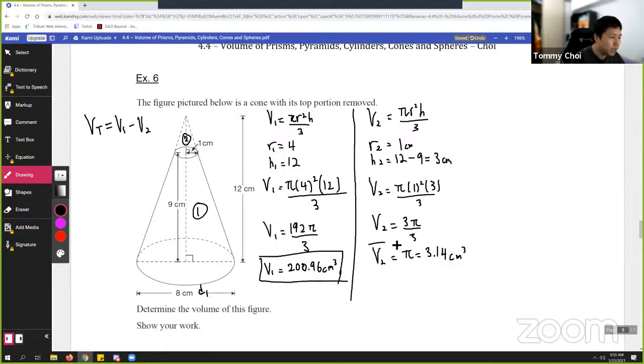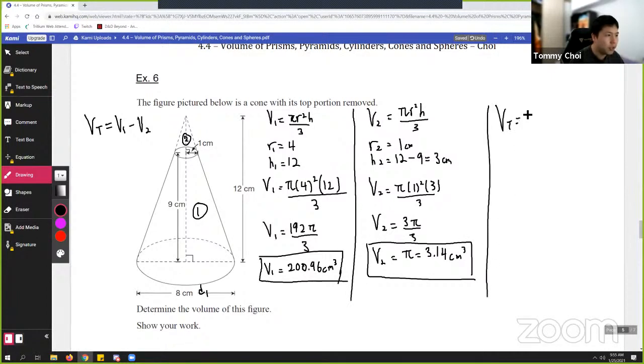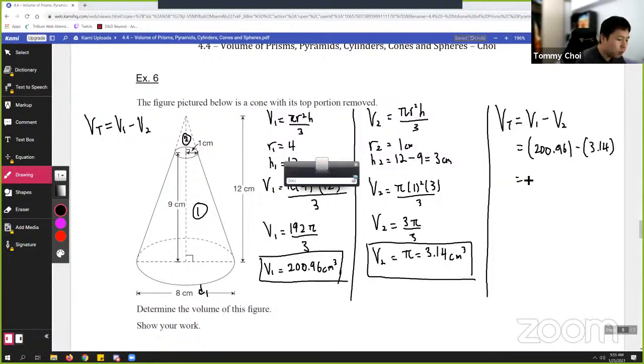So once we have that down, we can now solve for our total volume. We have our total volume equation on the left there. Just going to copy it down here on the right. V1 minus V2. We know what V1 is. We know what V2 is. And doing the math, 200.96 minus 3.14 gives me 197.82 centimeters cubed.